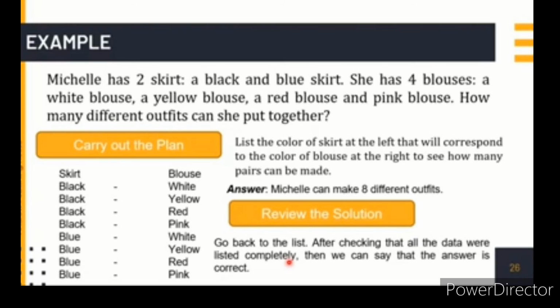Ganon din yung blue skirt. Pwede natin siyang i-pair sa white blouse, blue skirt in yellow blouse, blue skirt in red blouse, and blue skirt in pink blouse. So as we count all the different outfits, or the different pairs that can be made, Michelle can make 8 different outfits.